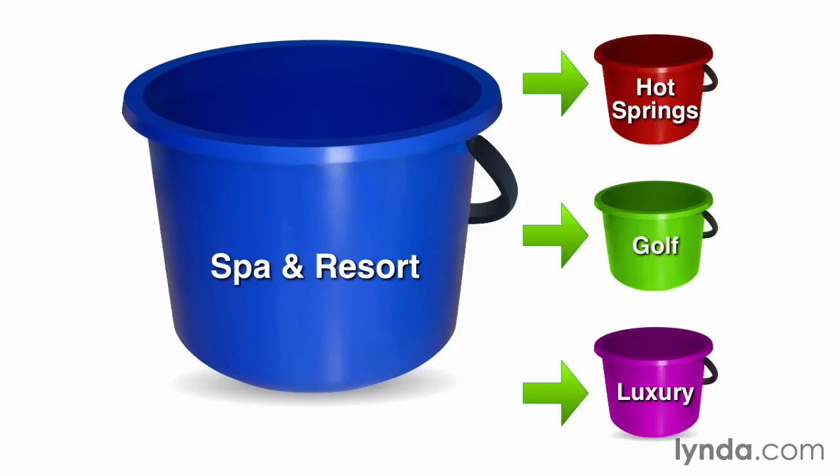And so my first level of segmentation is to come up with the primary focus keyword, spa or resort. Then to look at that list and see what trends are coming out of that I'm being found for, whether it's hot springs or golf or luxury, and then create a smaller keyword segment. And then I look specifically at what those people want and what they're doing.